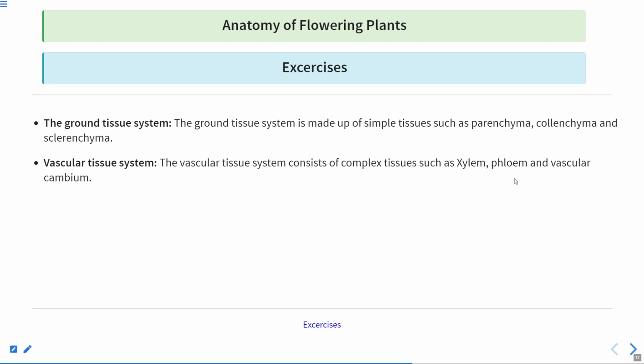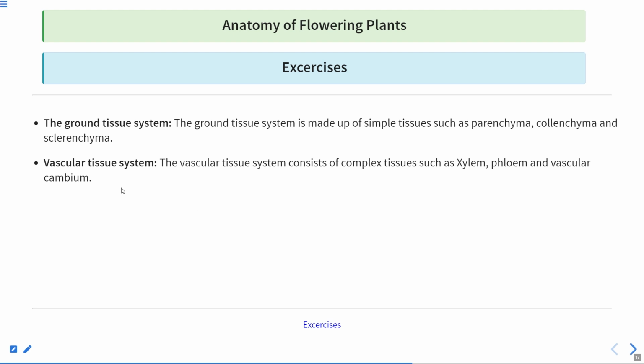Phloem fiber is dead, whereas the other cells are living in nature, and they are meant for the transportation of food material, the food that has been synthesized by photosynthesis. They show bidirectional movement, so the food material can move from upward to downward and downward to upward as well.